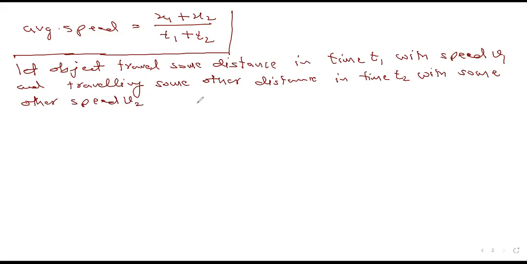Now you see that you don't know what x1 and x2 are, so x1 and x2 will be replaced. x1 will be v1 t1 and x2 will be v2 t2.